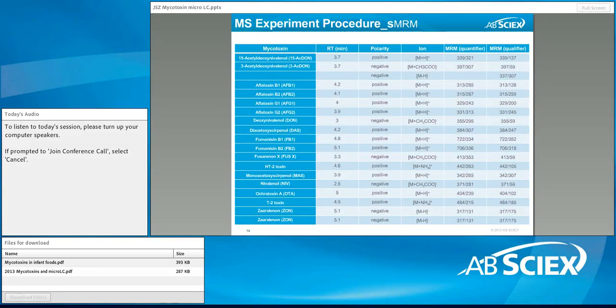This is the method we used here. For the different mycotoxins, you can see the retention time and polarity we used, and according to the regulation for each mycotoxin we have at least 2 transitions, and for some of them we use different kinds of adducts.